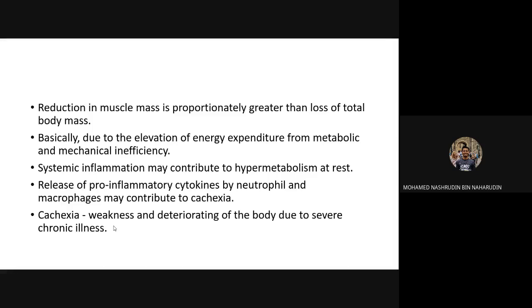Peripheral muscle mass reduces, and the reduction in muscle mass is proportionally greater than the loss of total body mass. Meaning that the muscle itself is deteriorating, it shrinks, atrophies.